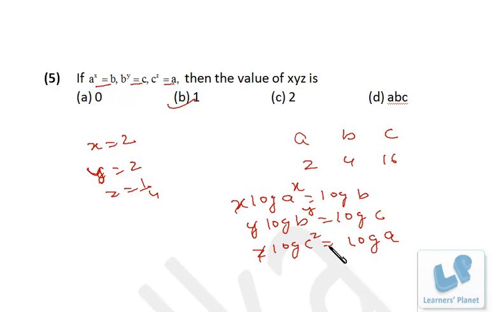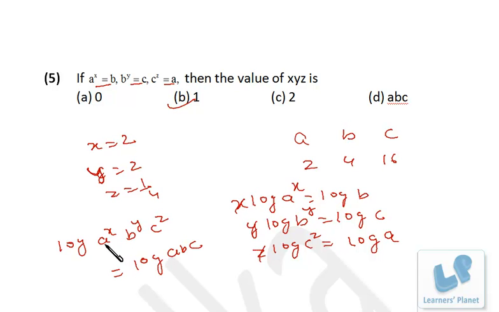Now add up all of them. Log of a raised to x plus log of b raised to y plus log of c raised to z will be log of a raised to x into b raised to y into c raised to z, right? So that is log of a plus b plus c, so that's log of abc, right? Now what?